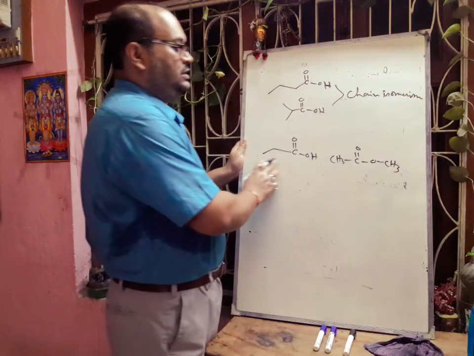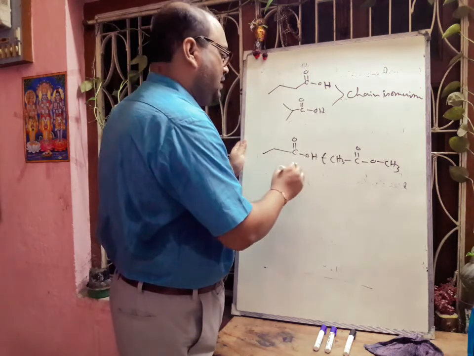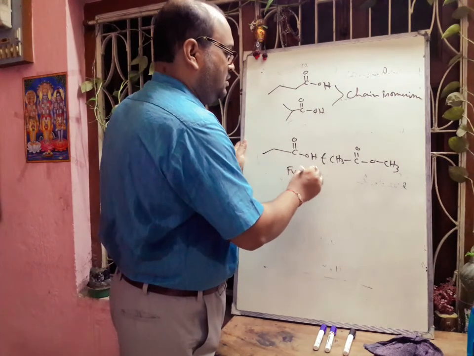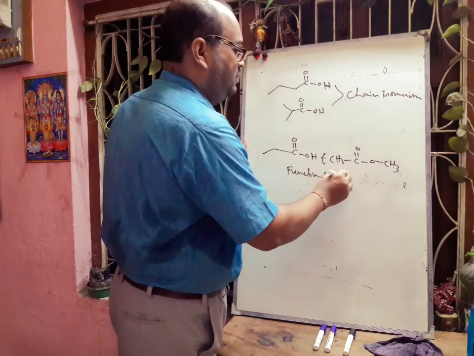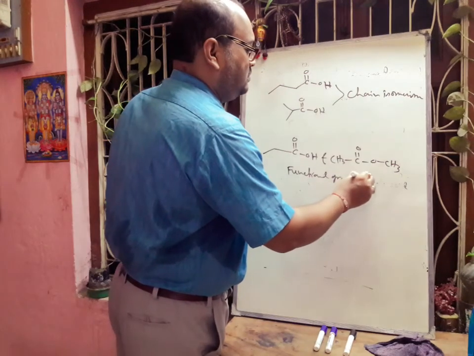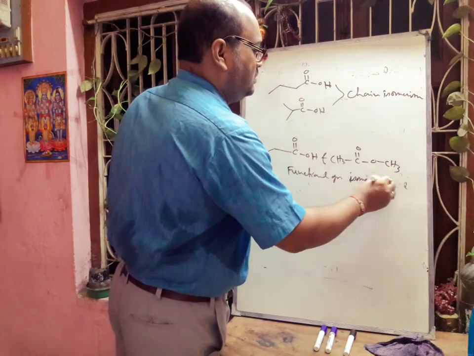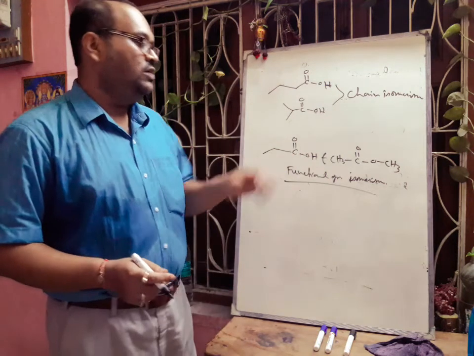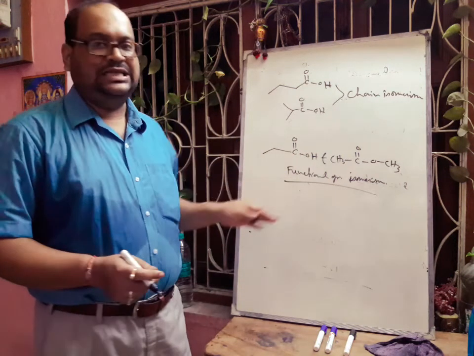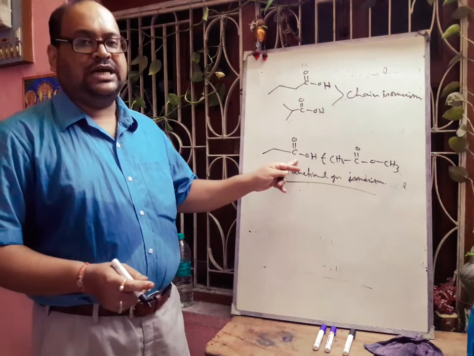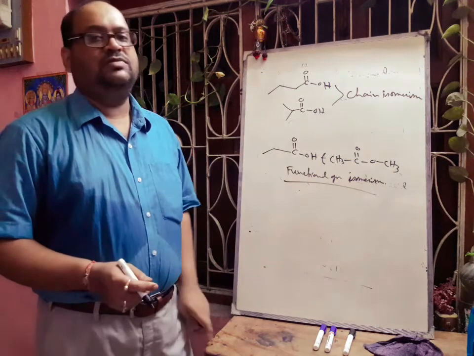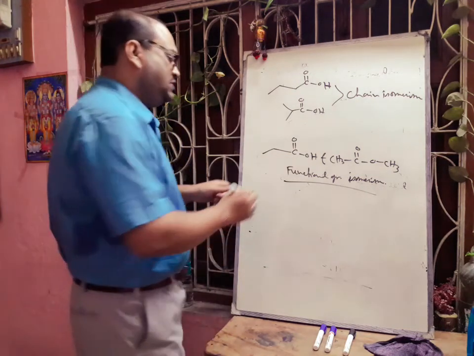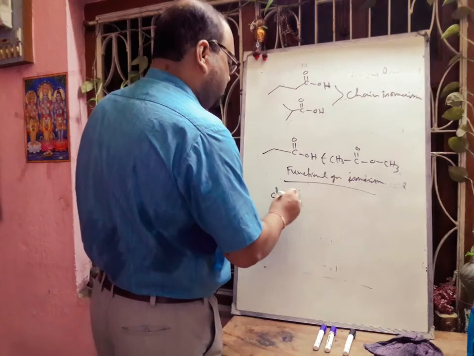Okay, these two compounds are functional group isomers. So these two compounds will exhibit functional group isomerism. Their molecular formula is the same and the structure is different. Here one functional group is the carboxylic acid, another functional group is the ester, and last one the optical isomers.